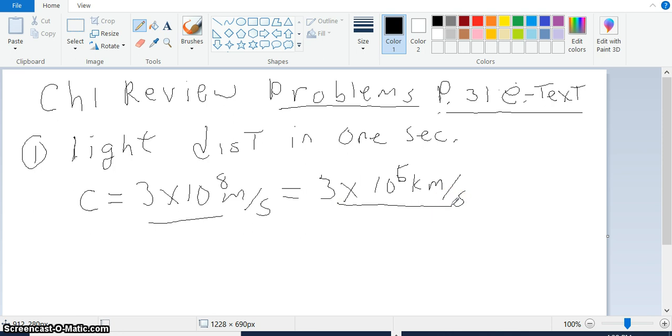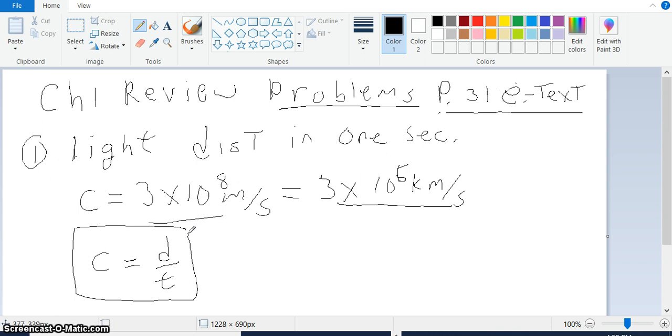So in this particular case, c is, of course, as I already said, a constant of the universe. But for any speed, as long as there's no acceleration, speed is equal to the distance divided by the time. So this is our equation right here, and what we're looking for is the distance that light travels in 1 second.